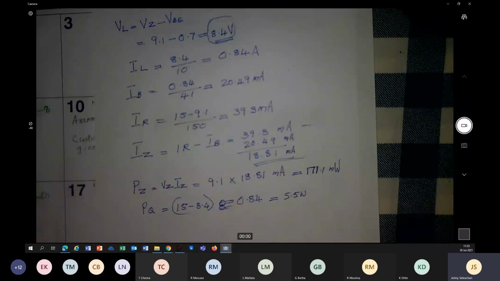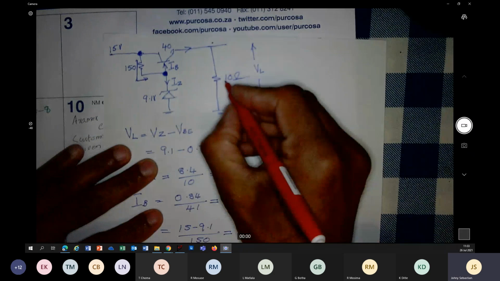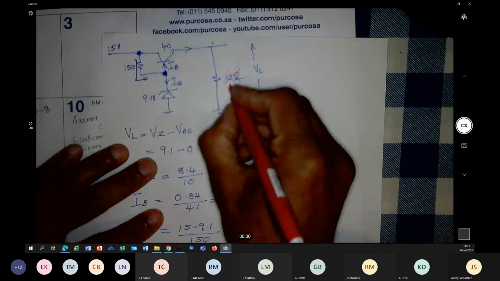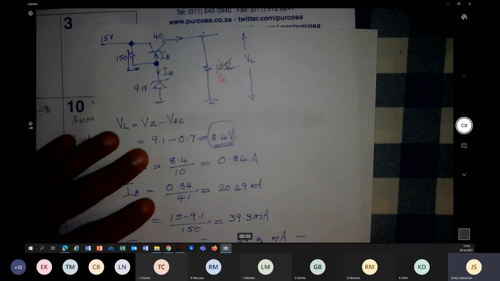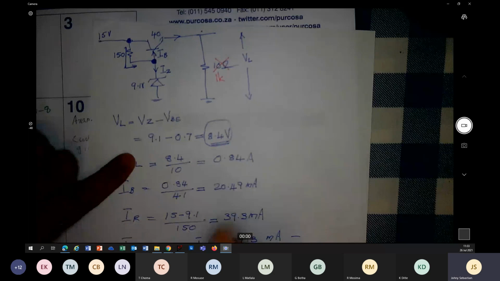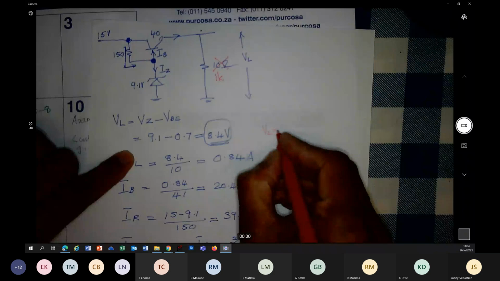Now, let's try to understand one condition. What if the second part of the question is that we repeat the problem with a 1 kilo ohm resistance? Okay, let's try to understand. Your VL still remains the same, 8.4.